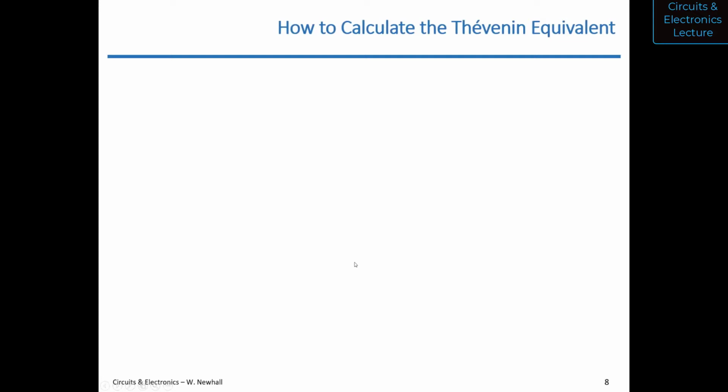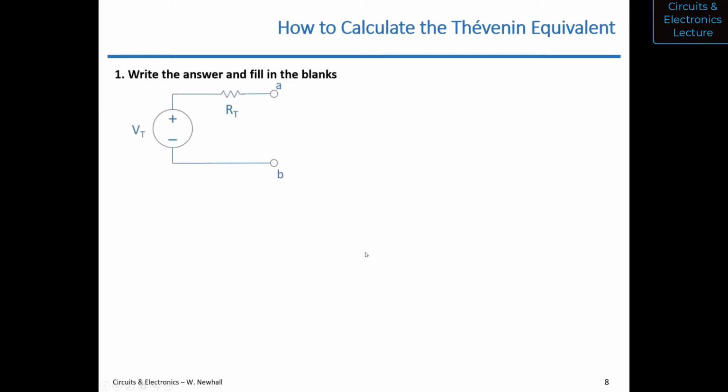Okay, how to calculate the Thévenin equivalent. So here's how to do it. I like to say, begin with the end in mind: write the answer and fill in the blanks. So here's the answer. Every Thévenin equivalent circuit will look like this.